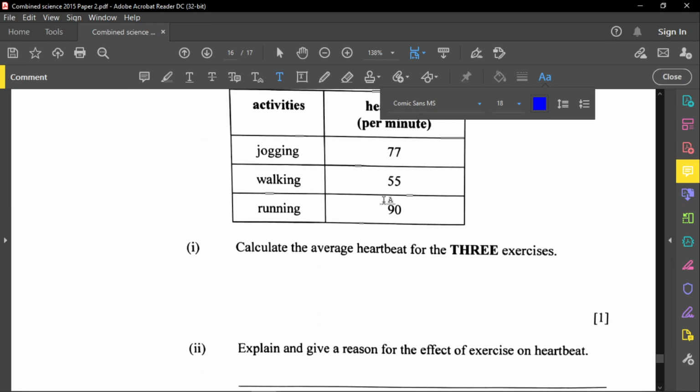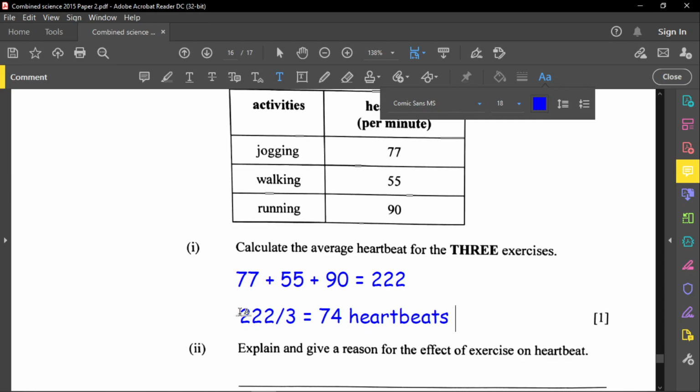The 3 heartbeats are 75, 55, and 90, so we just add them and divide by 3. 75 plus 55 plus 90 gives a total of 220. Then we divide 220 by 3, which gives us 74 heartbeats per minute, because remember that it is per minute.